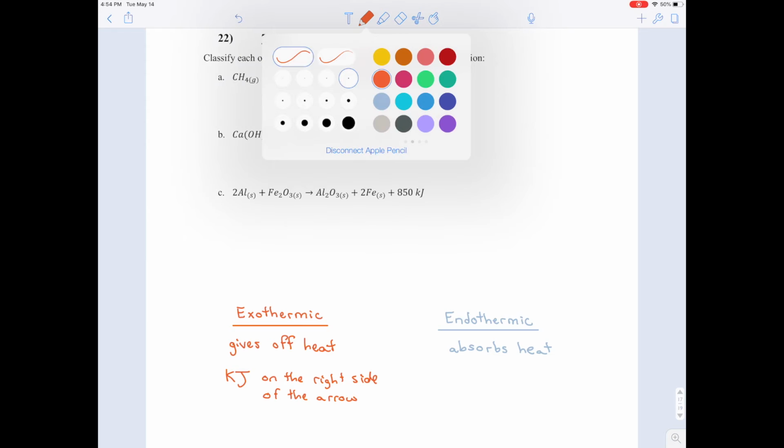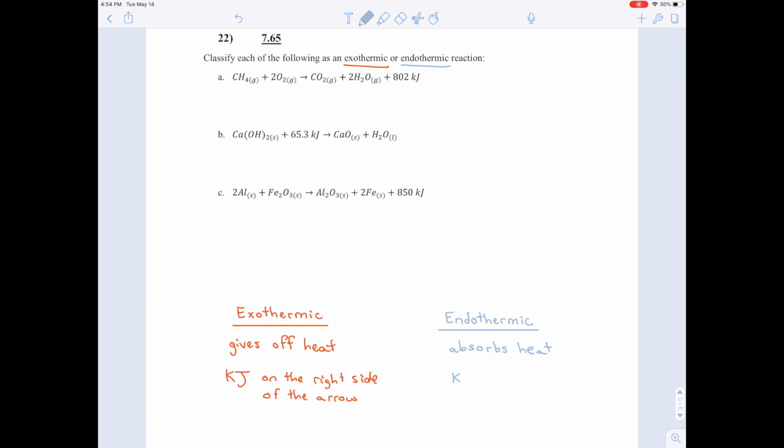For an endothermic reaction, you would have kilojoules on the left side of the reaction arrow. The reason it would be on the left is because the reaction needs the heat. It needs to absorb it in order to have the reaction go.